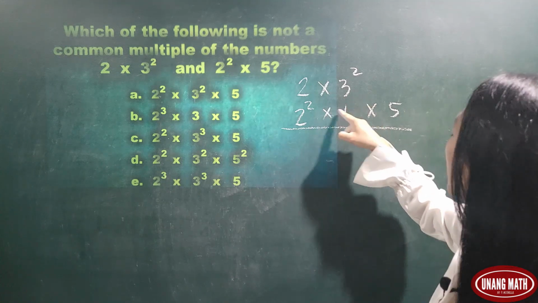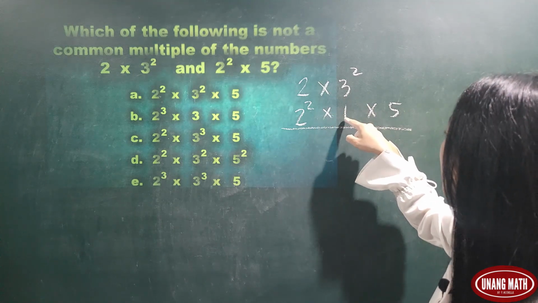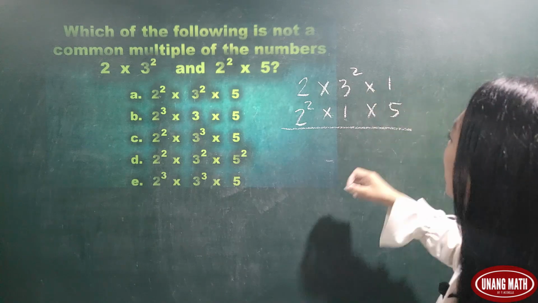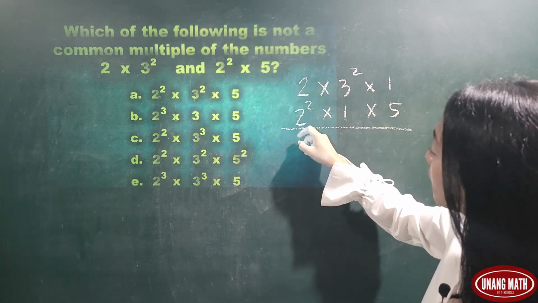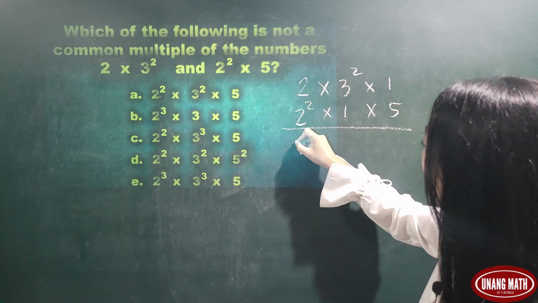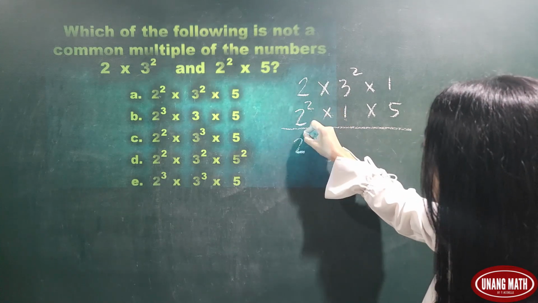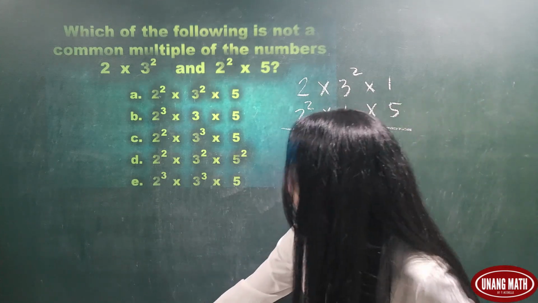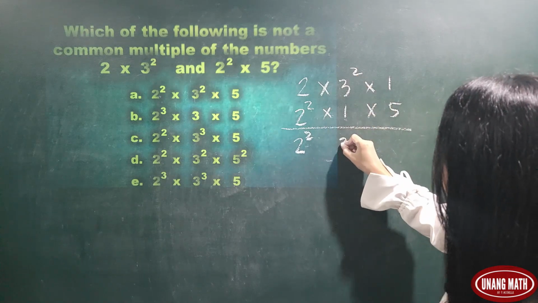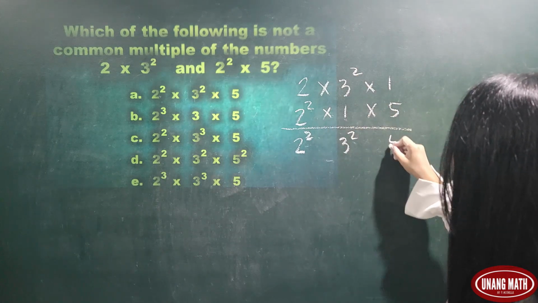So we will not be confused, for the numbers without a power here, we will write 1. 2 and 2 squared, the higher one or the greater number is 2 squared. So choose 2 squared. Okay, how about here? 3 squared. Here is 5.